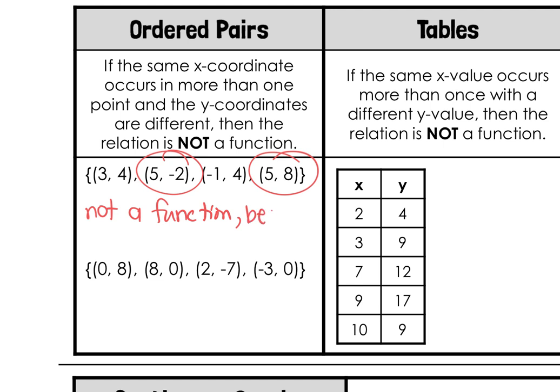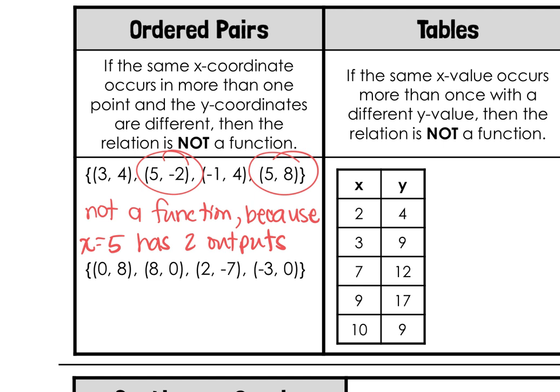And again, it's not a function because x equals 5 has 2 different outputs. So that's why we're concerned at looking at, does the x value repeat? Because if the x value repeats, it means that x goes with more than one y.